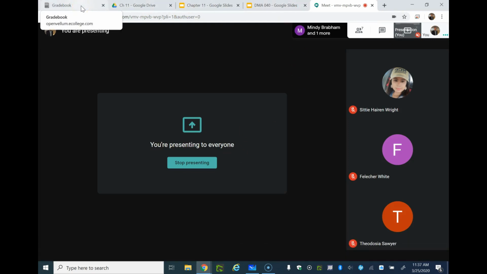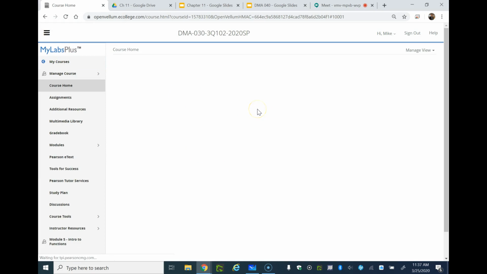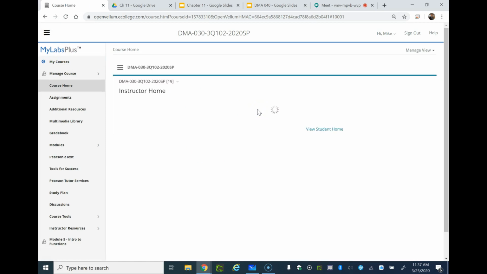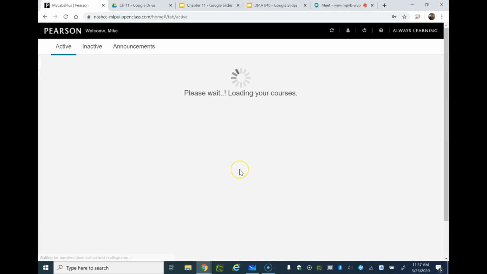Okay, looking at the majority of everybody working on DMA 40, you are pretty much done with section 1, but I still wanted to go over a few problems from that section.